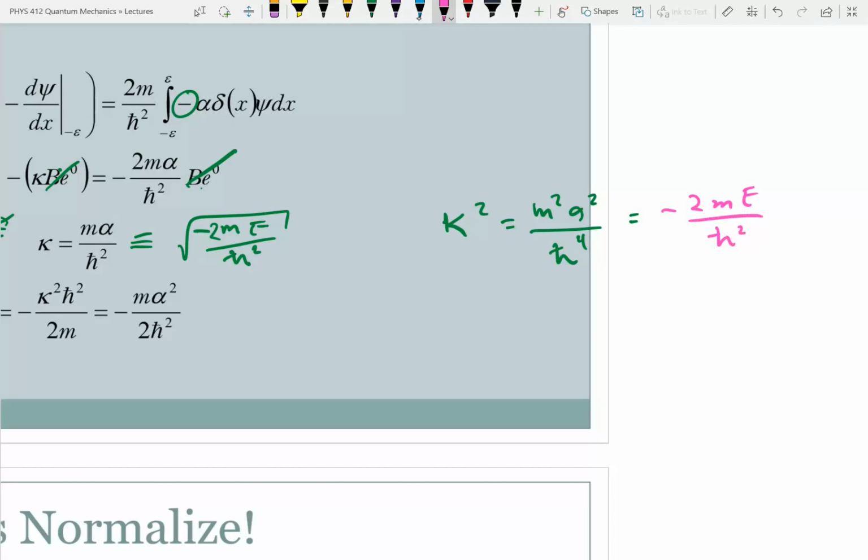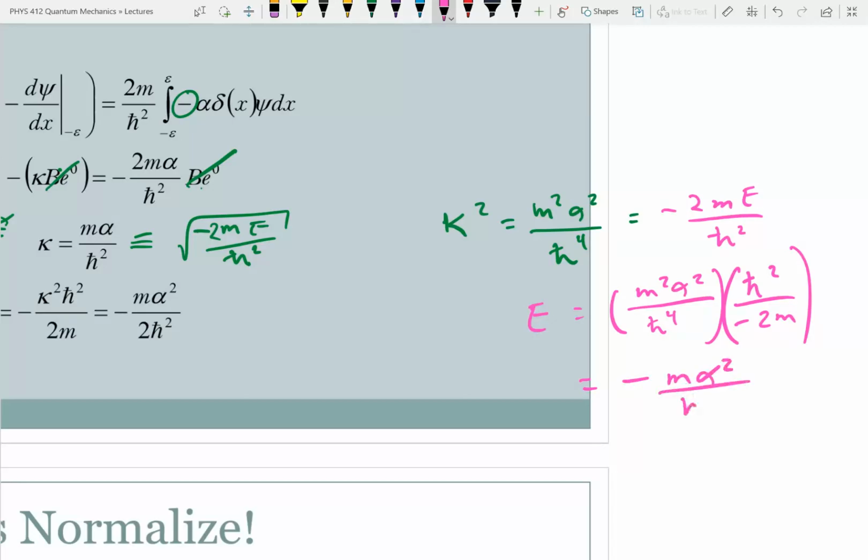And then you solve that for E. And you get the minus sign, 1 m cancels, alphas cancel, 2 h bars cancel. And that 2 is left down here. So there we now have a quantized system.